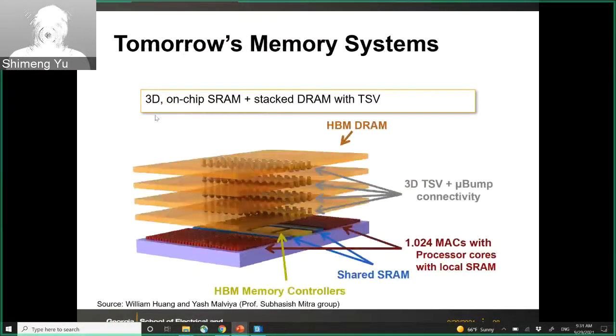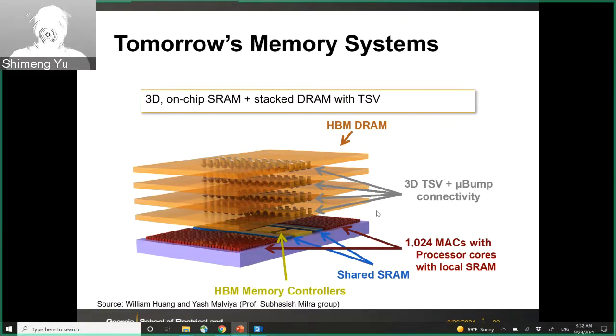So the true 3D is to put the processor's die directly underneath the memory stack.